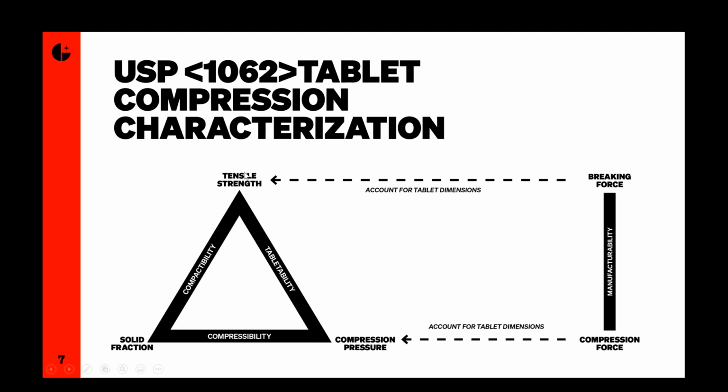to generate this data, you need to compress a series of tablets at different compression pressures. You then need to measure the dimensions and the mass of those tablets to calculate their solid fraction. And then you need to break those tablets to measure their tensile strength. When you do this, you end up with 3 different relationships between these pieces of data.